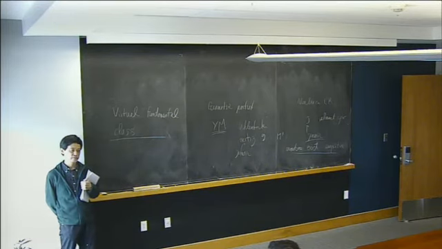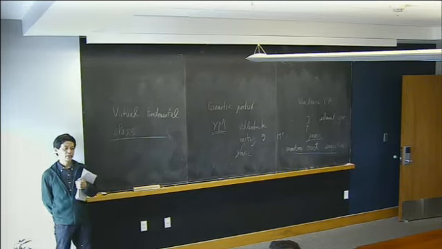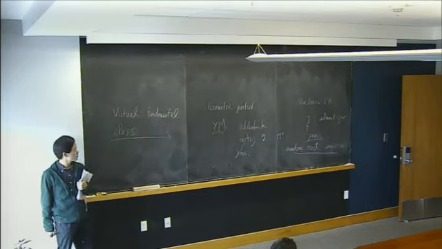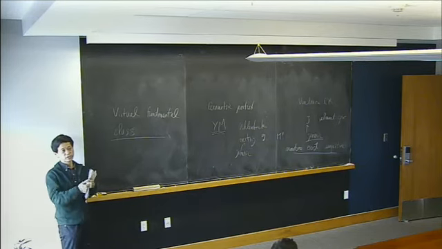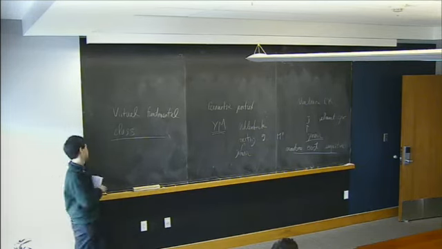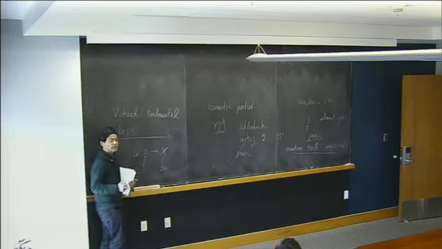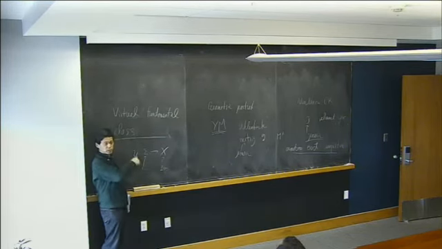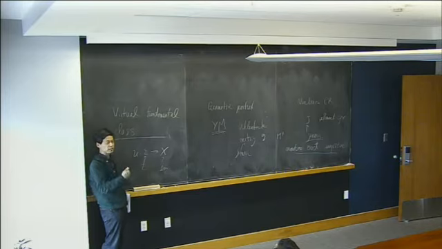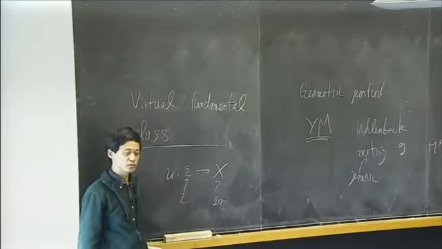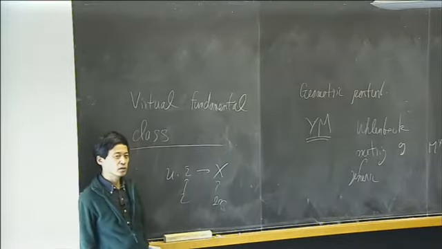In the space of all maps from sigma, a Riemann surface of arbitrary dimensions, to X. It's an infinite dimensional space, but you cannot construct a homology class here because you need the compactifications. Let's not worry about compactification right now.